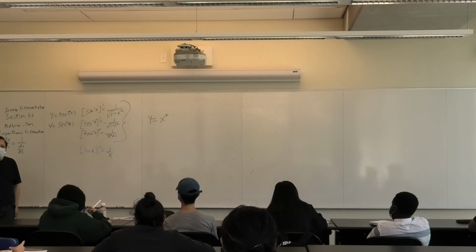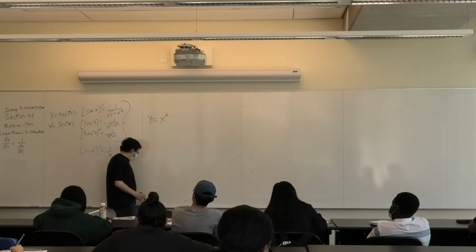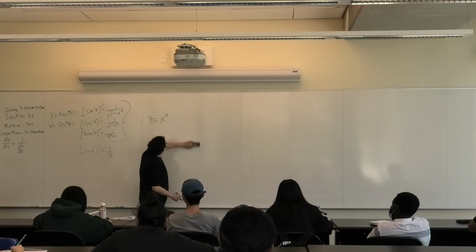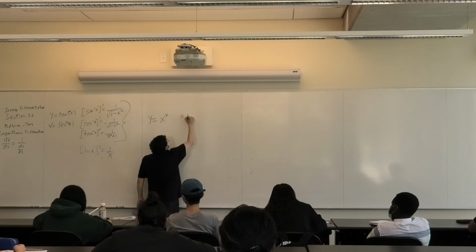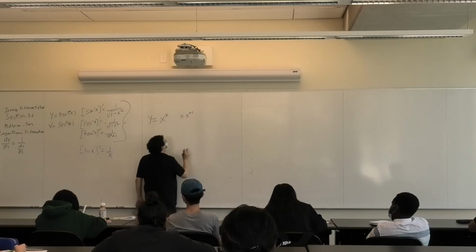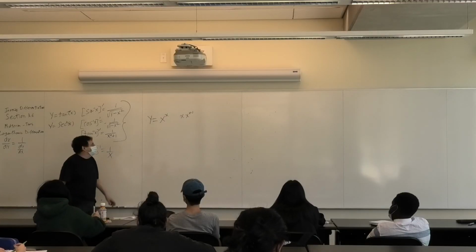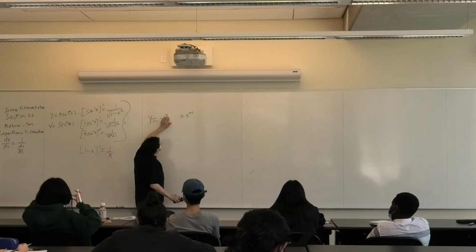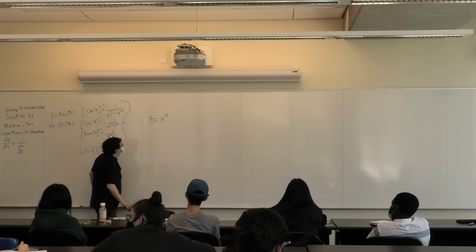There is no rule. I don't know any rule. It doesn't look that new, but it doesn't. Can I use like x times x to the x? No, that's not how the power rule works. It needs a constant, any constant. This is not a constant.